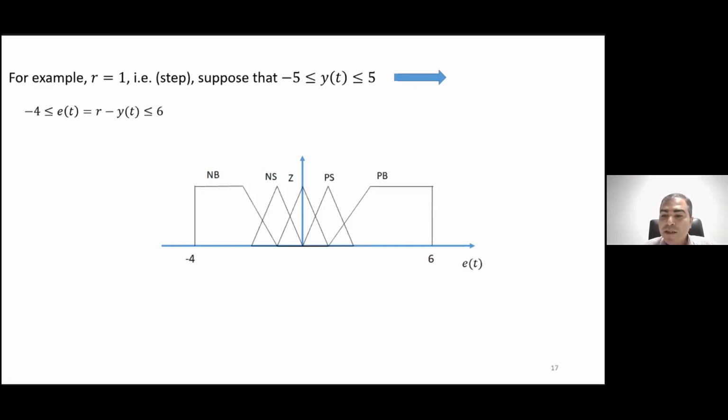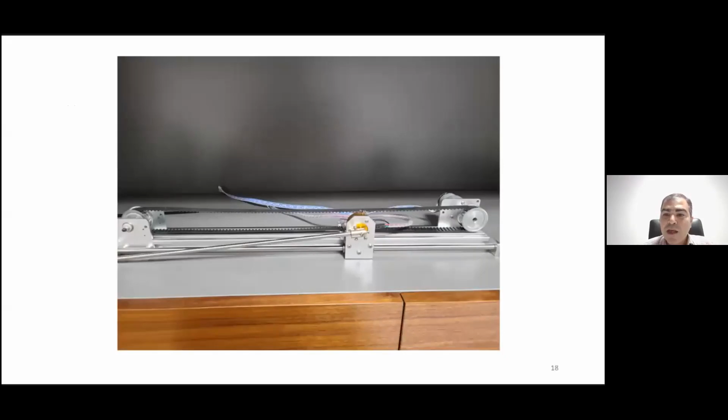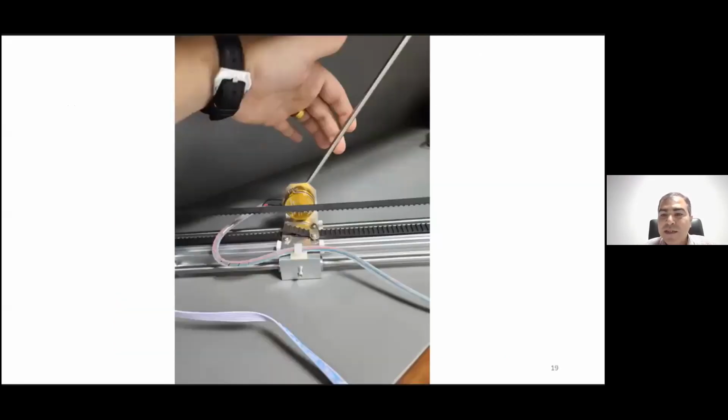They may be the boundaries of an interval of the output in which we would like the controller to operate or be active. For example, this is an inverted pendulum system, and this is a sensor by which the pendulum angle from the vertical axis is measured.